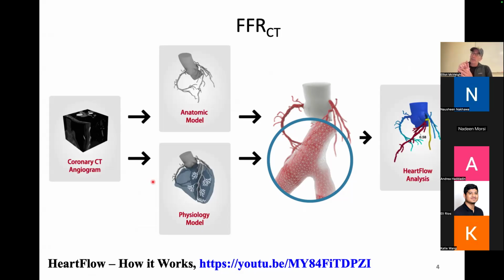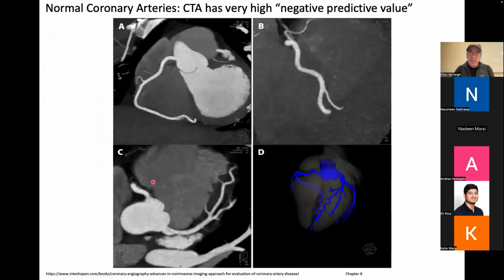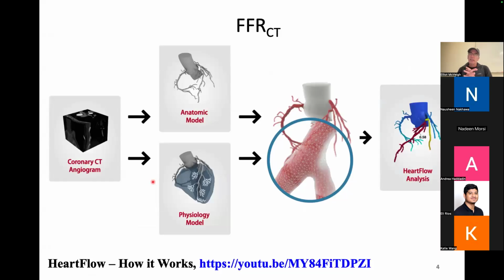The FFR catheter goes into a vessel, crosses a lesion, and then measures the pressure on one side versus the pressure on the other.